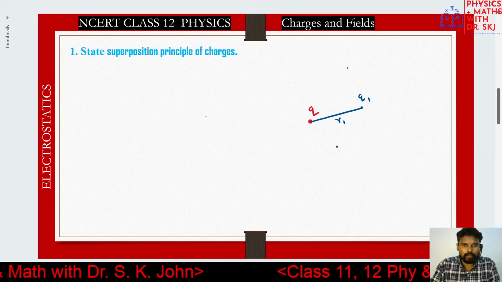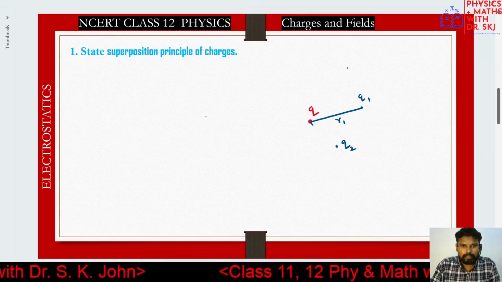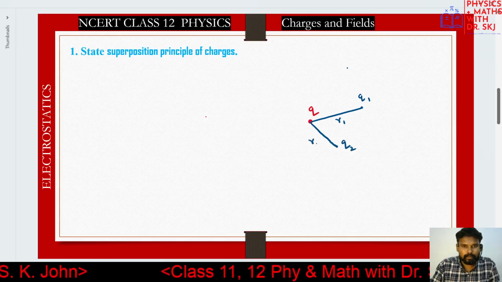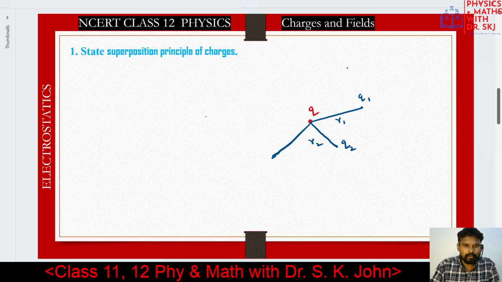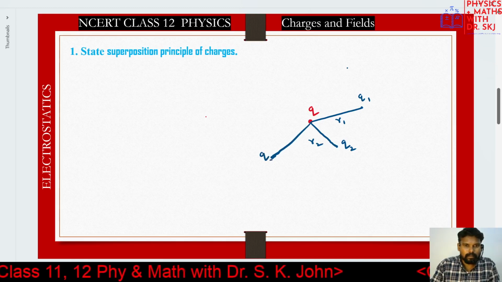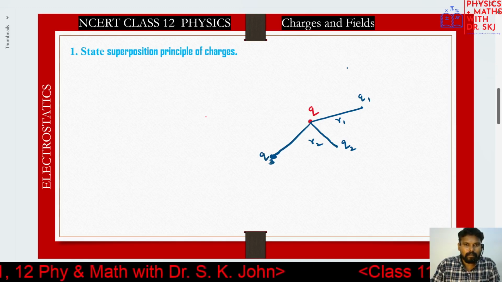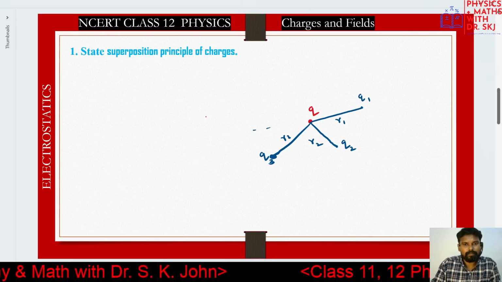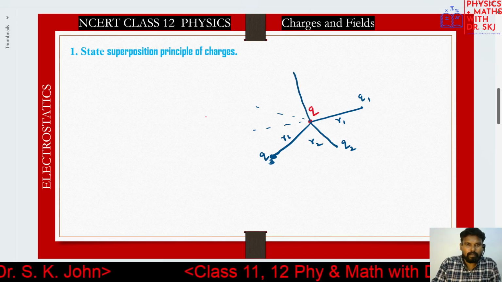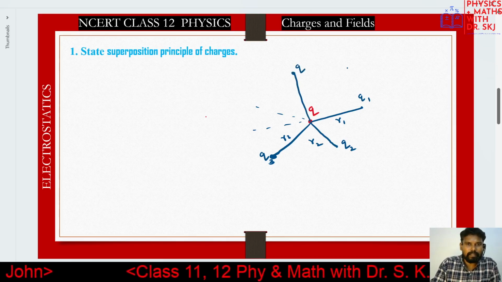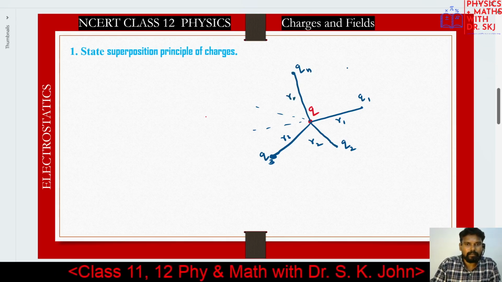There is another charge q2 at a distance r2. And similarly, there is another charge q3 at a distance r3, and so on.